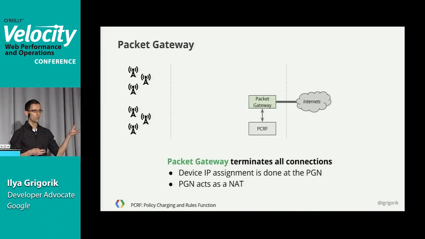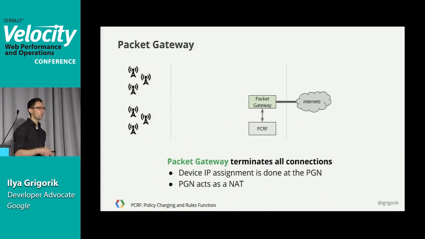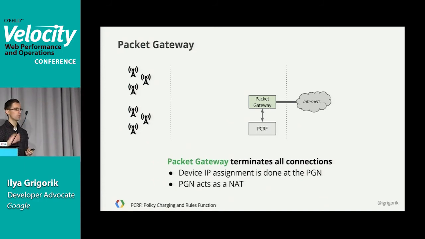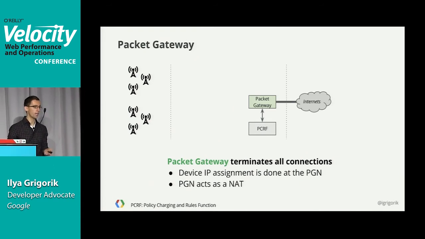It's the same thing as your Wi-Fi router at home. This is that first device within the carrier network. And it's the device that terminates all of the connections, the TCP connections, the UDP connections, and so on and so forth. In fact, it's basically a NAT.